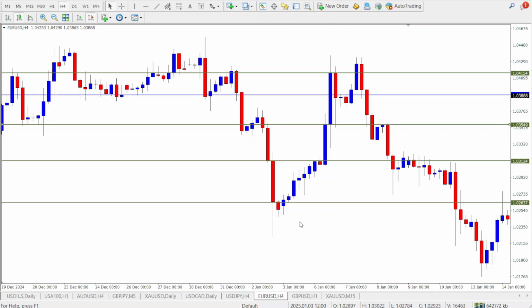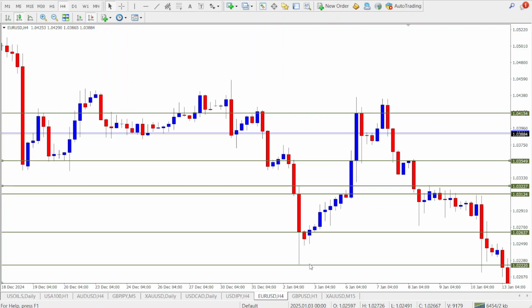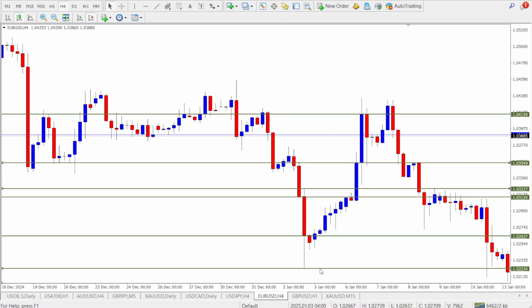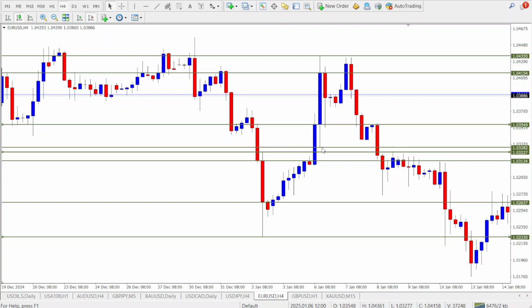Then it also shows the wicks or the shadows. It shows the highest point and the lowest point, right? The highest price that candle reached, that is the highest price that the asset got to within that time frame, and the lowest price. Then here also we have the highest price and the lowest price.